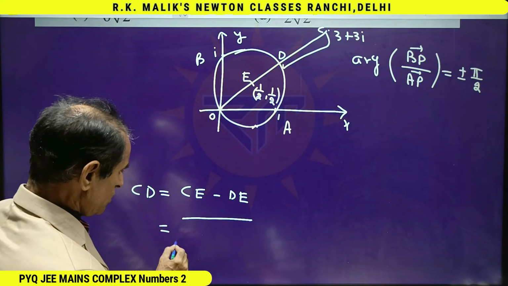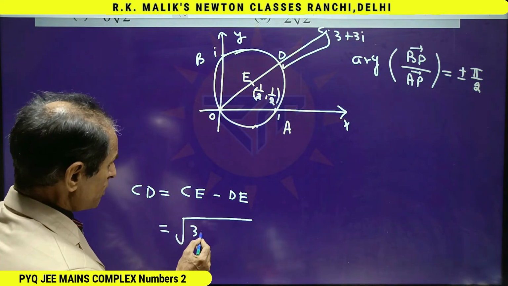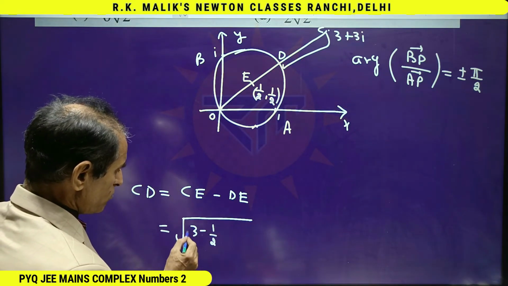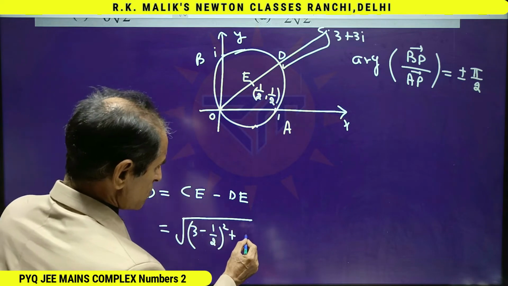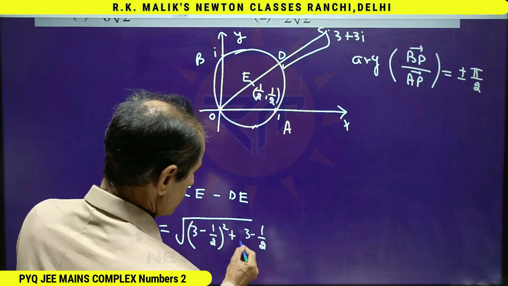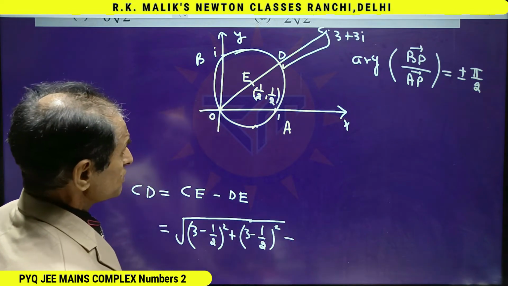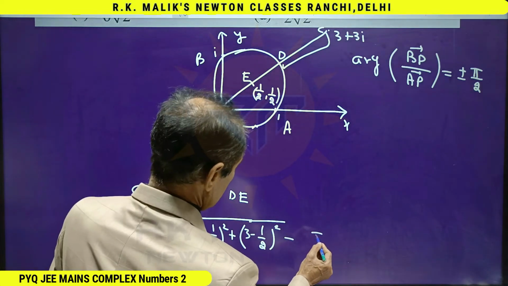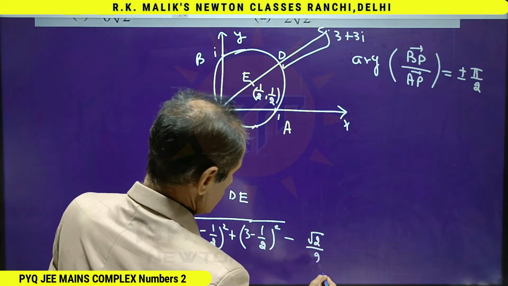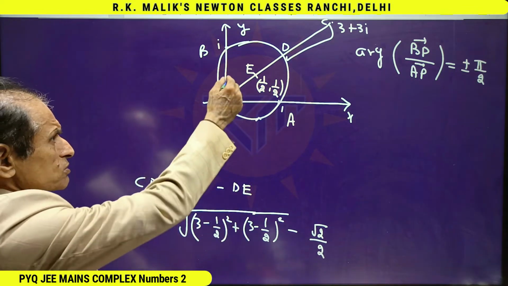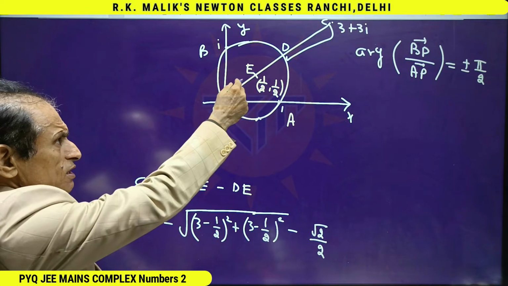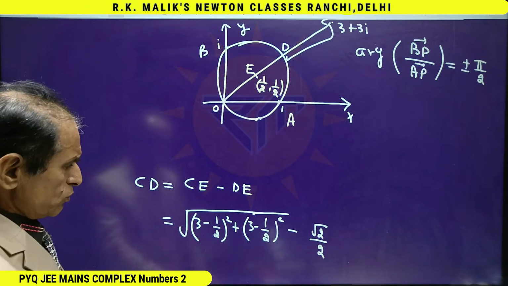CE is clearly root of 3 minus 1 by 2 whole square plus 3 minus 1 by 2 whole square, minus DE is clearly root 2 by 2, because it is easy to see that the radius of this circle is root 2 by 2.